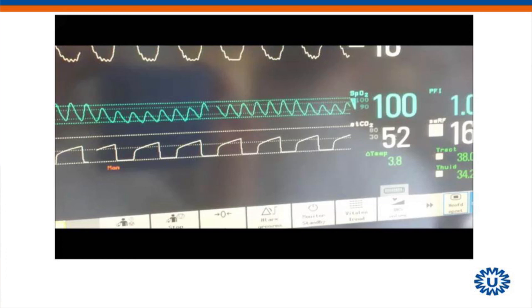What does the other loop tell you? Normally, expiration would go like this. Straight. And now it's scooping. Scooping means an obstruction. Yes?